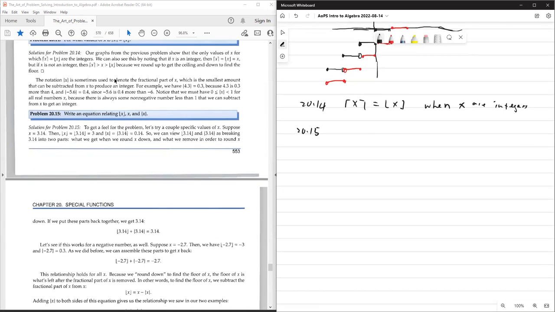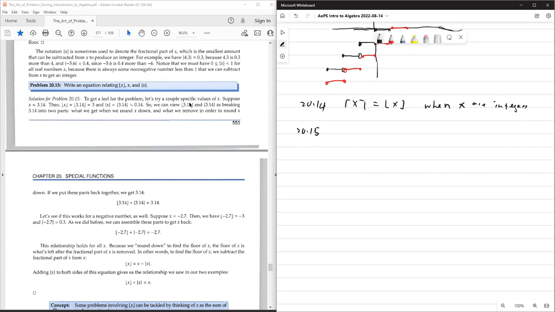Like I said, this can also denote the fractional part. So we can say this is the integer, and it's the curly bracket. So we're introducing a new function, curly bracket x.